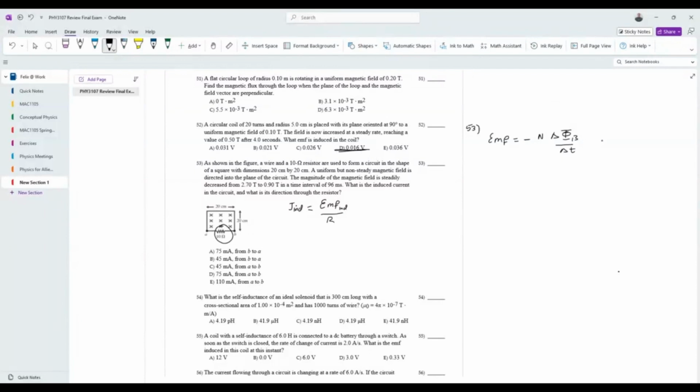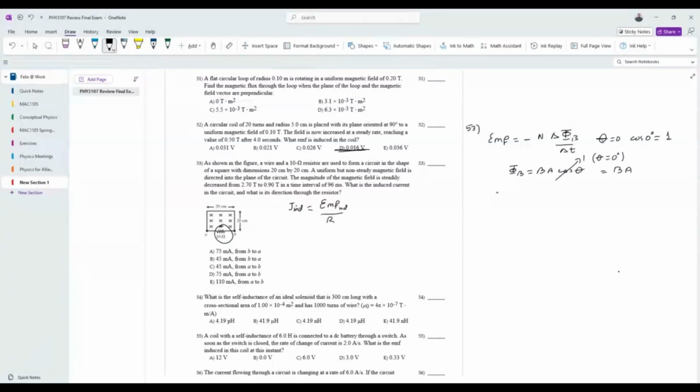So the angle theta between the normal to the plane and this magnetic field is 0 degrees, and the cosine of 0 degrees is going to be 1. I know that phi B is BA cosine of theta, but since theta is 0 degrees, this will be just BA.